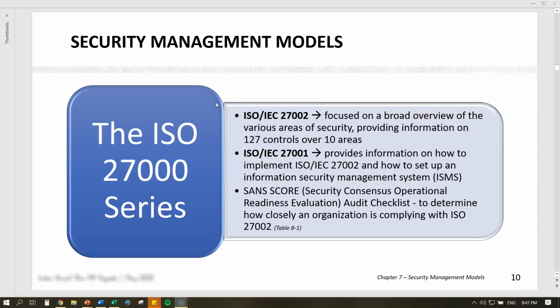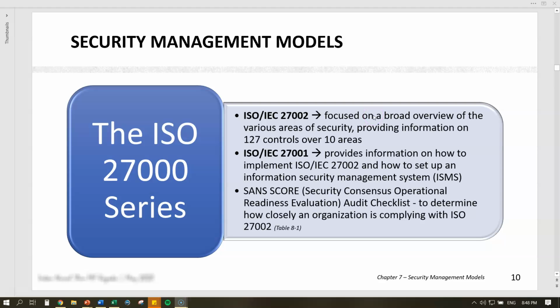This security model start with ISO 27000 series and then dia beranak pula kepada ISO IEC 27002, which is focused on a broad overview of the various areas of security, providing information on 127 controls over 10 selected areas.